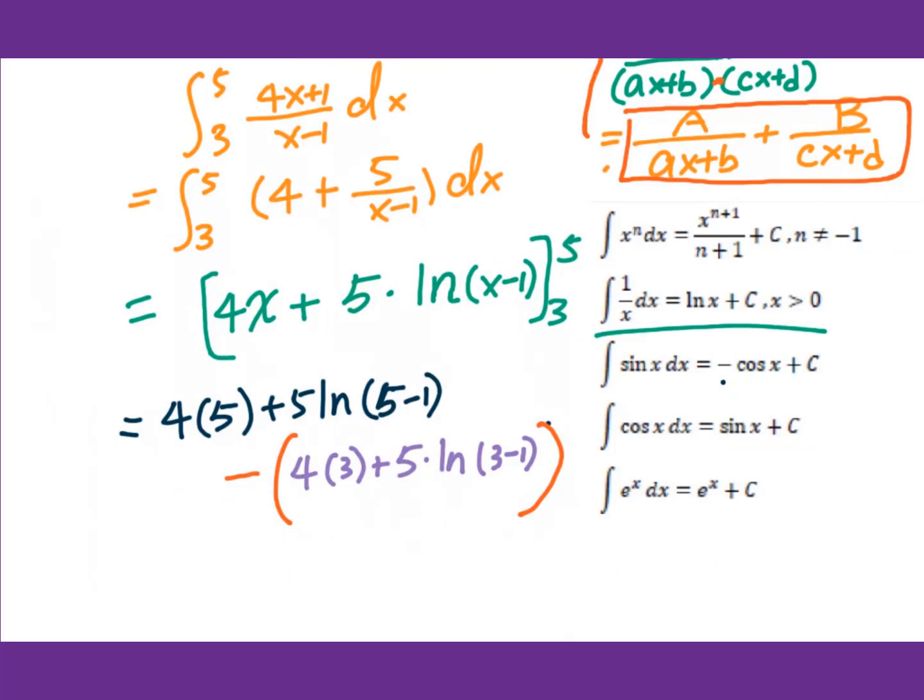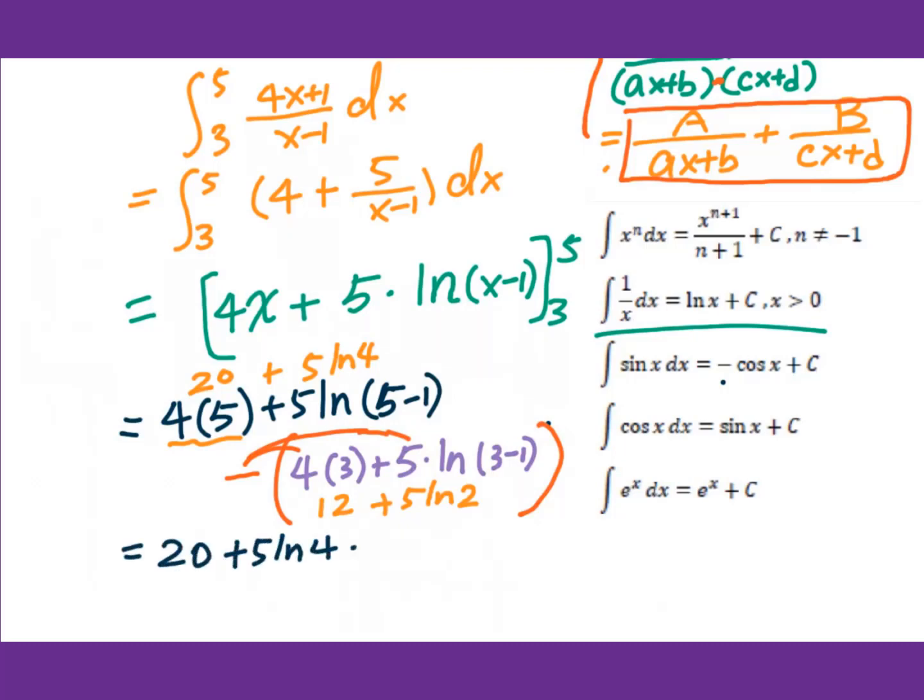Now we organize. This will be 20 plus 5 natural log of 4. Here you will get 12 plus 5 natural log of 2. So we do the distributive property because here's a negative sign. You will get 20 plus 5 natural log of 4 minus 12 minus 5 natural log of 2.